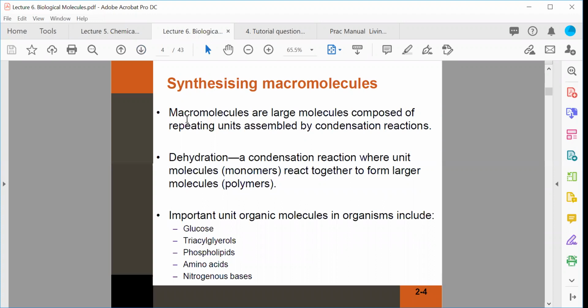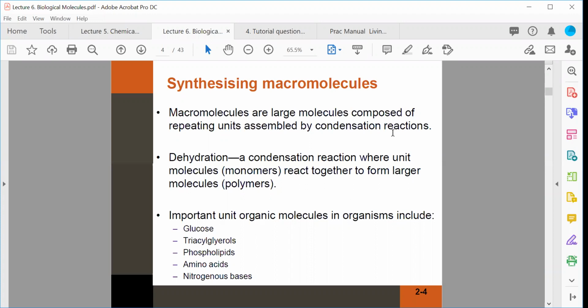Biological macromolecules such as proteins and carbohydrates are large molecules composed of repeating units. Those repeating units are assembled by a particular type of reaction that belongs to the broad class of reactions called condensation reactions.